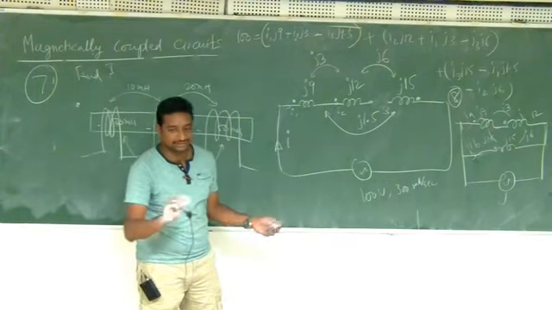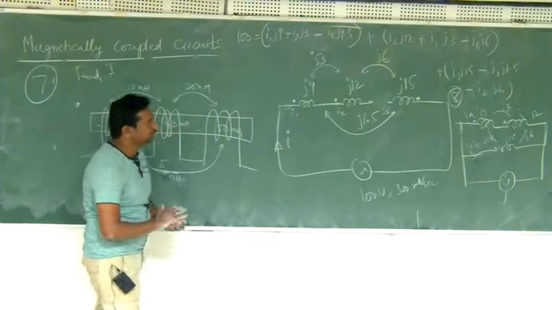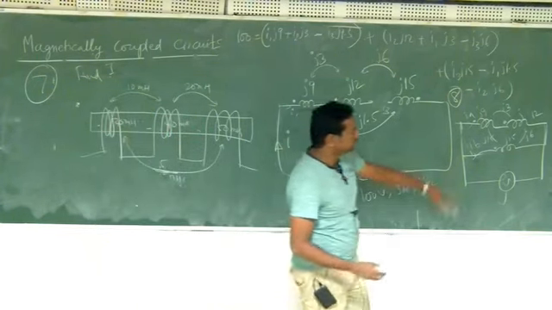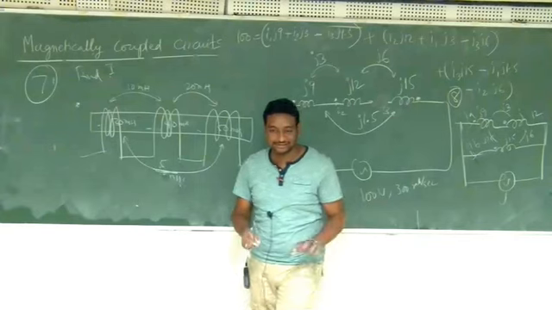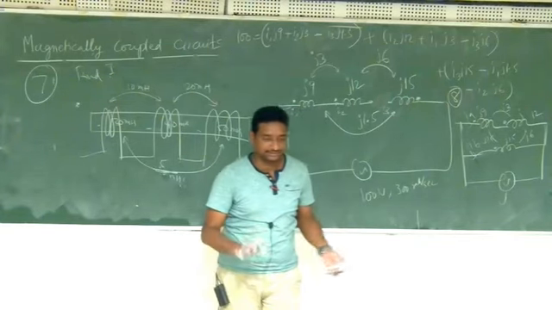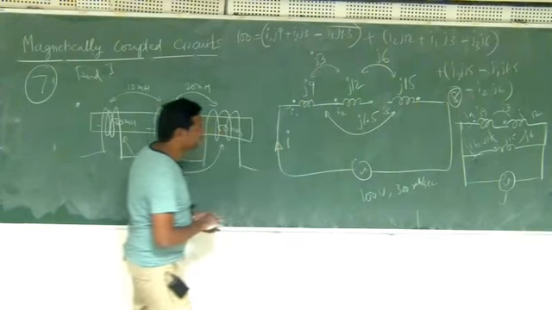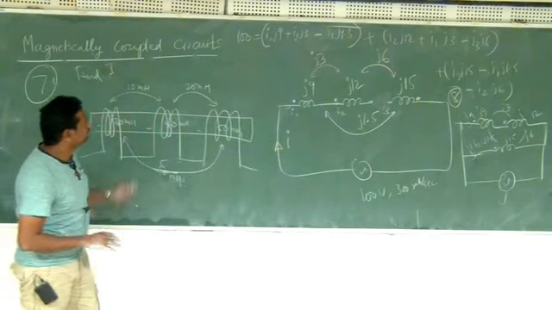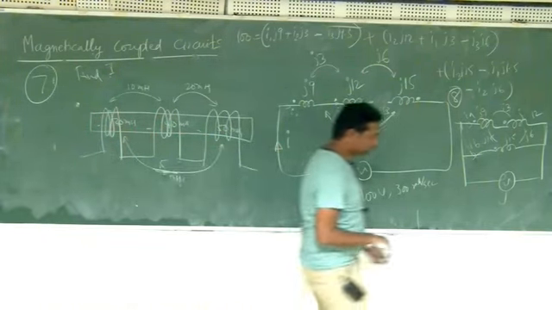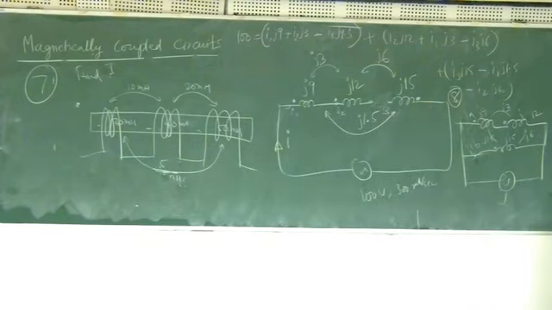You have to sit and write it. Two unknowns, two equations, and luckily there are no resistances, so you will be able to solve it just by hand calculations. So this is about the third version of it. I think with this I'll conclude.